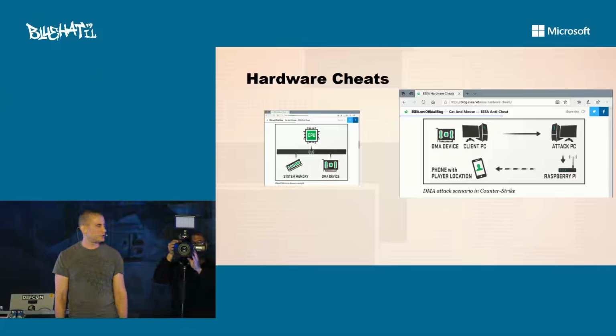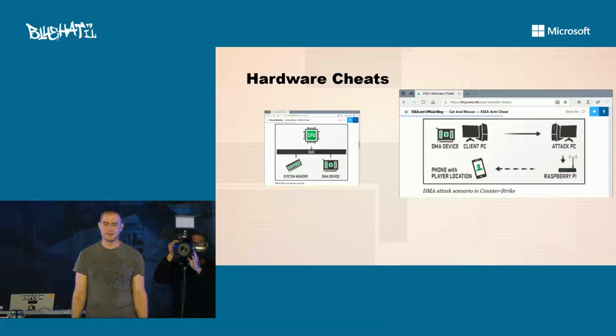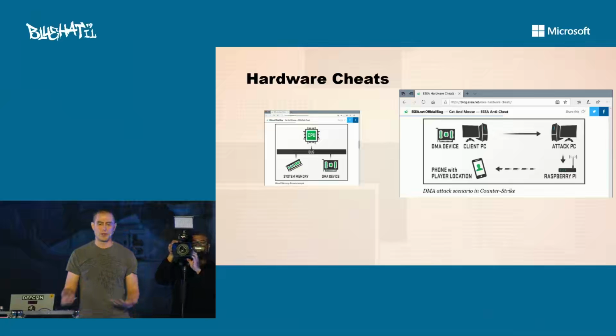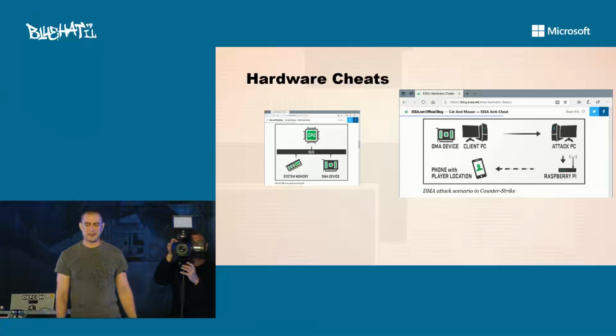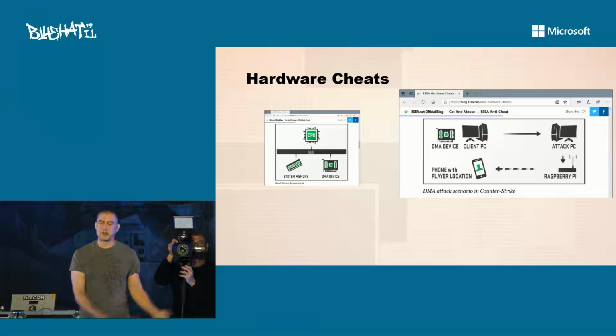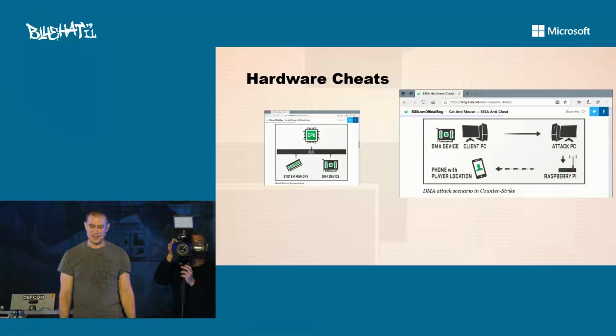ICEA, which has a quite good anti-cheat, when they started detecting it, they wrote a blog entry about it, geared toward the gaming community, where they explain on a very high level how it looks like: you have a DMA device in your gaming PC, you read the memory to your attack PC, and you somehow ship the location of your opponents to a phone, for example.